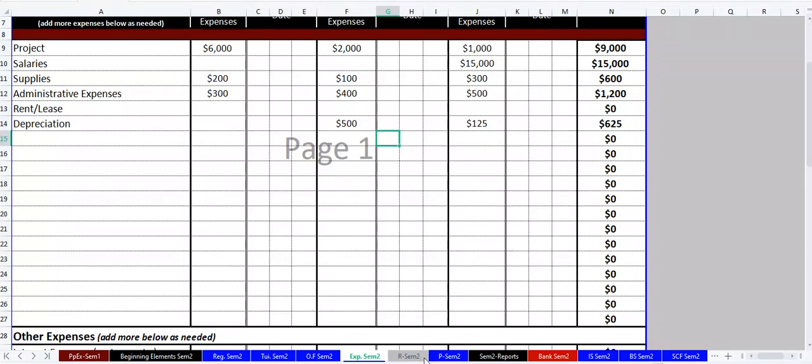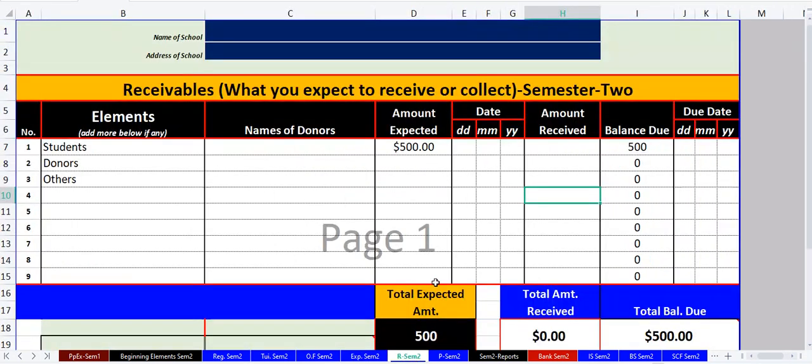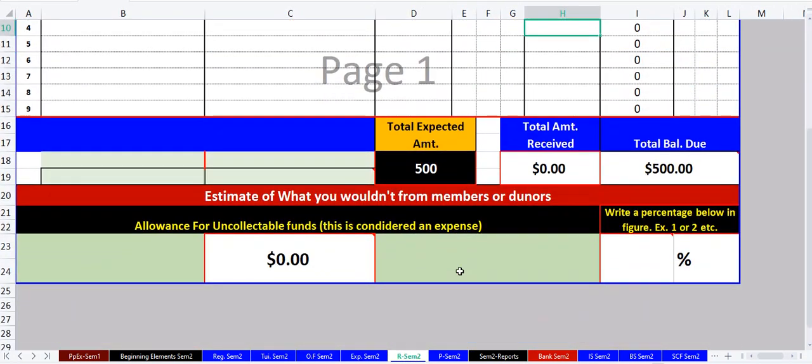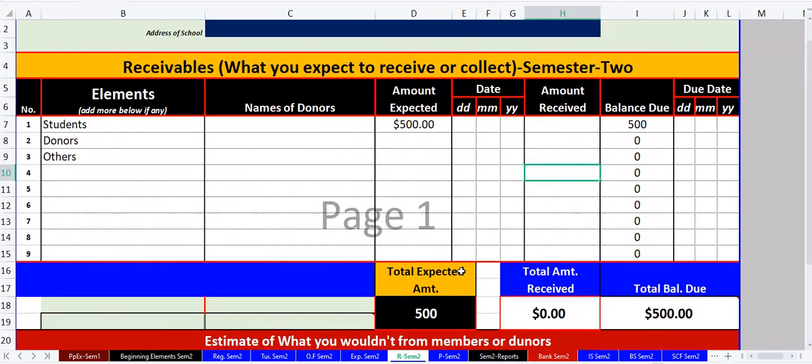Then we come to the receivables. Now, as we can see here, receivables are the amount we expect from donors. Now we'll go to the previous receivable, then we'll know what we expect from donors. But for this one, the students' part, that one will all be current.